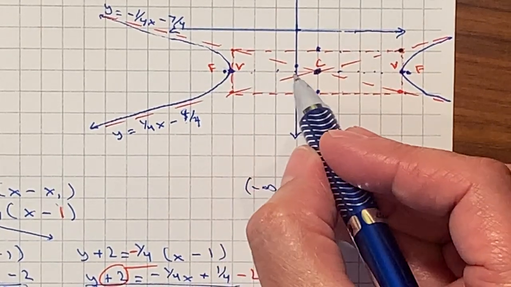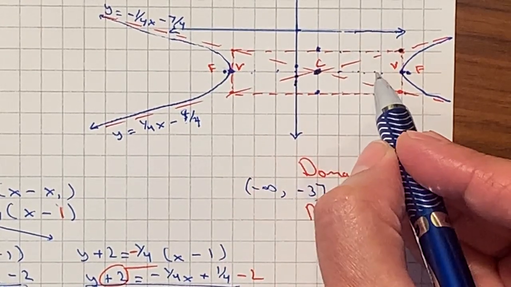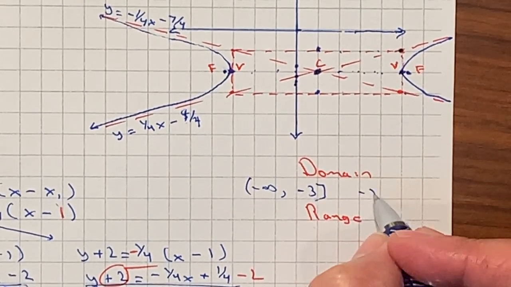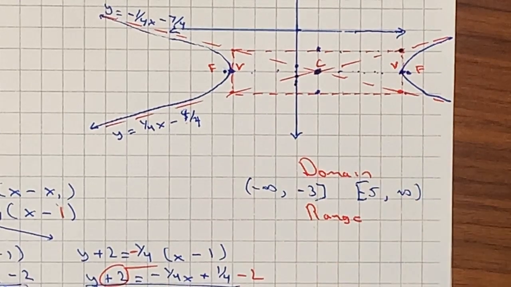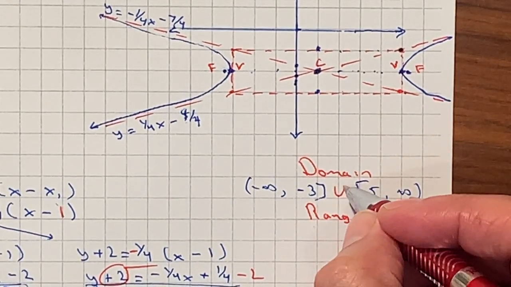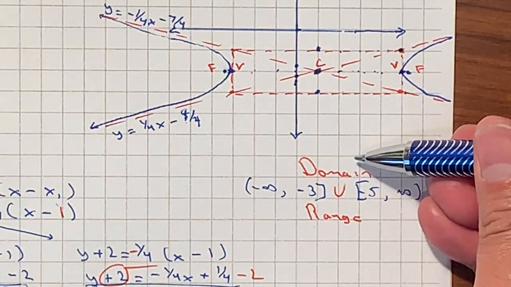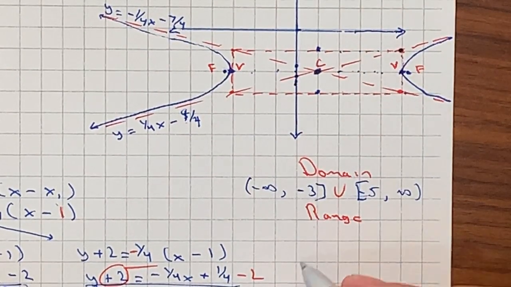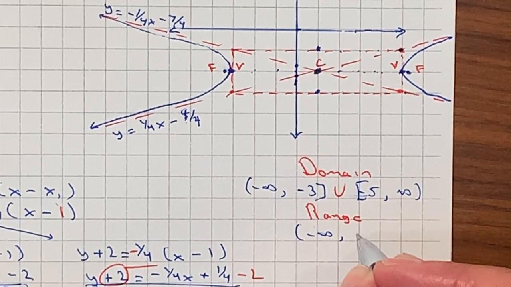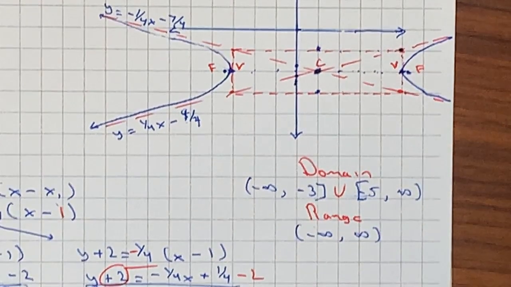And then we start again at 1, 2, 3, 4, 5, at negative 5 all the way to positive infinity. Negative 5 also gets a bracket, and we'll say that's the union. The range will be all real numbers. We find a graph all throughout any value of y. So it'll be negative infinity to positive infinity.